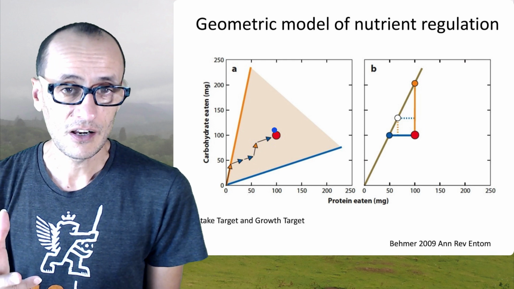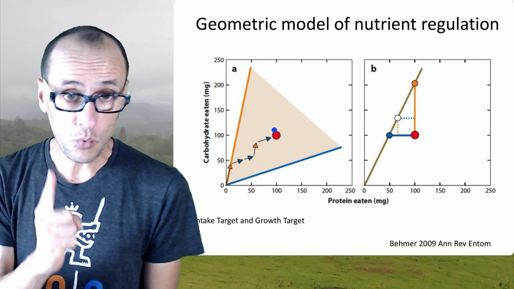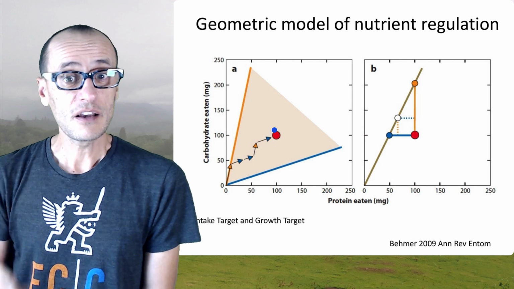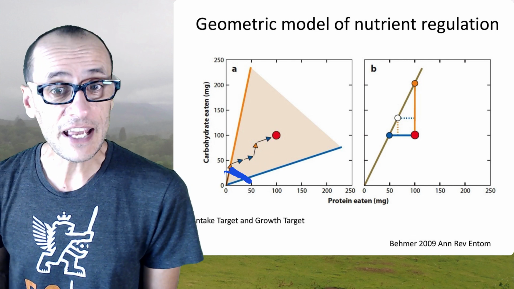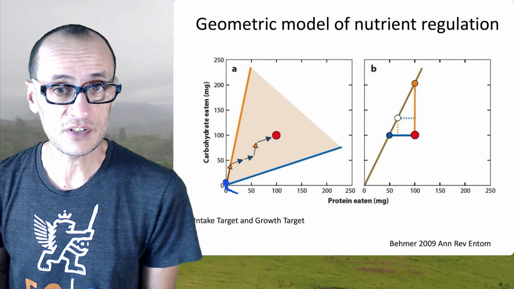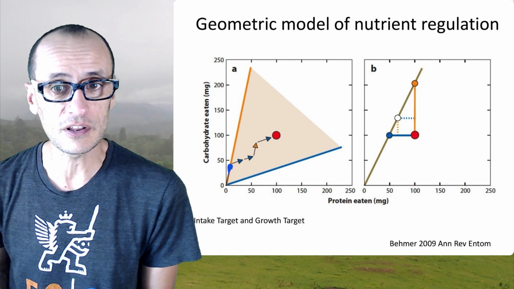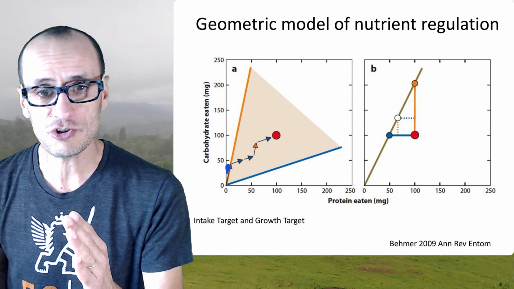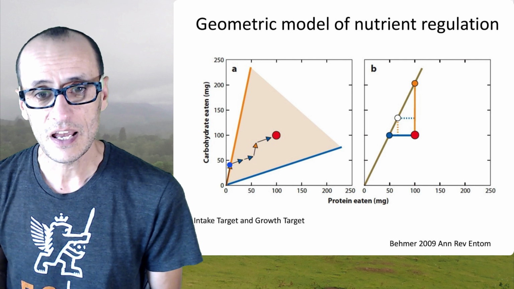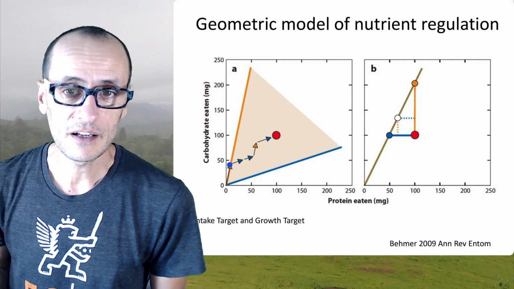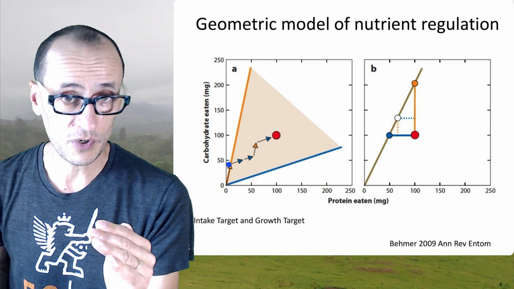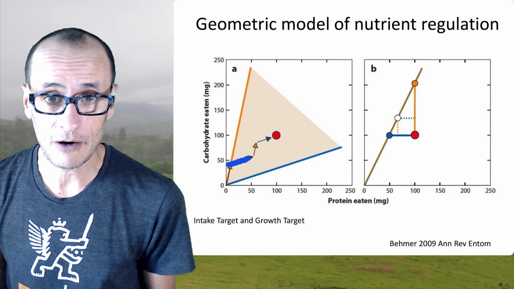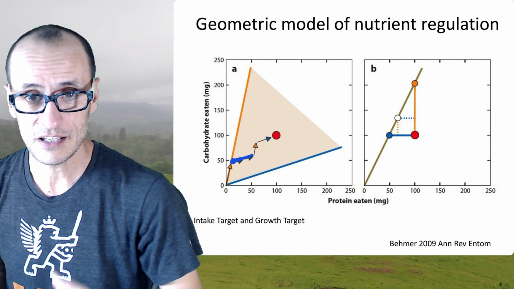If insects are generalists, that is, they can feed on more than just one plant, then what they can do is feed on a combination of these two food resources. In fact, if they fed on this resource for a little bit, their carbon to nitrogen ratio would increase at this rate. If they switched to feed on the plant that has the blue line, then they would follow this trajectory now, parallel to that blue line here.